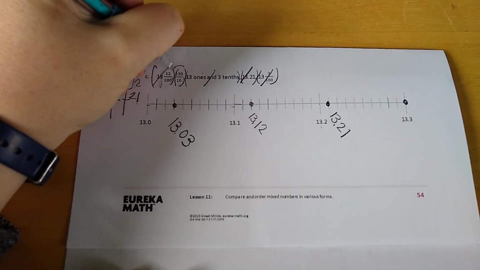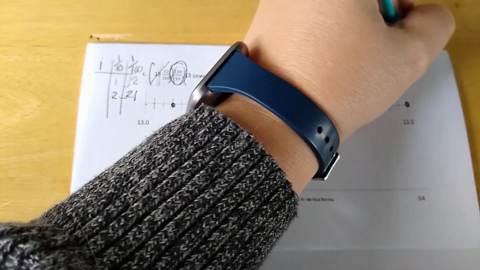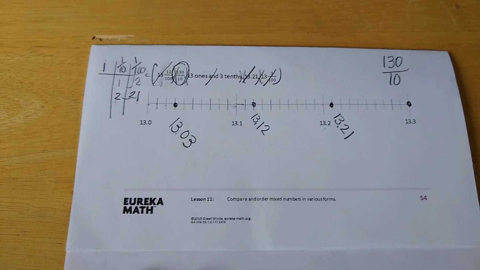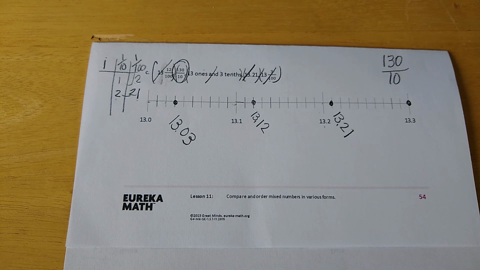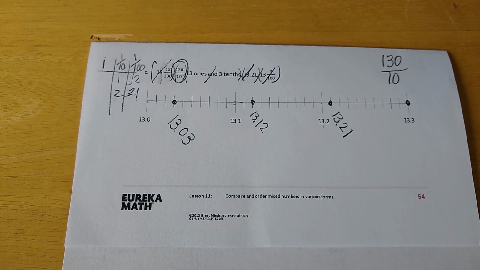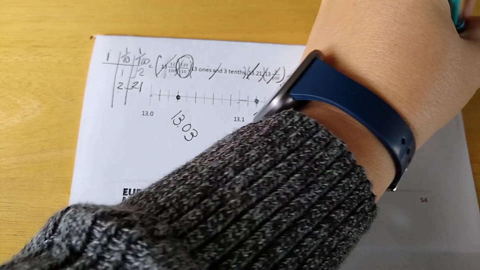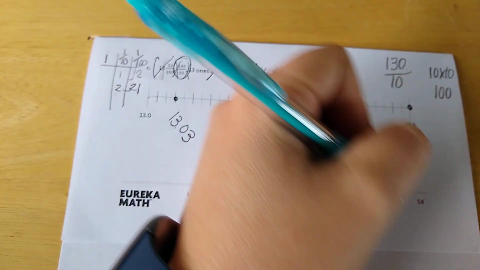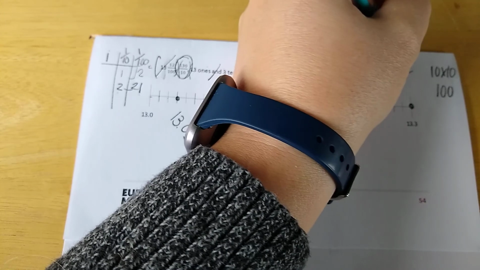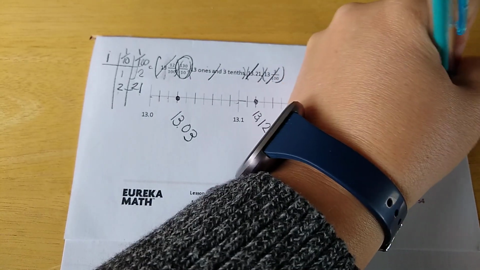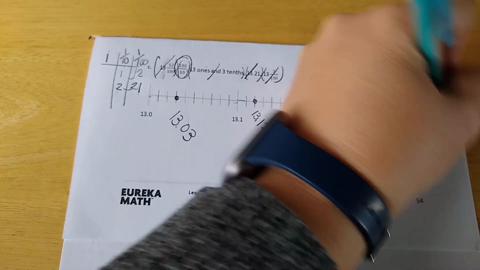Then the last one is this one I have to tackle. So I have 130 over 10. So if I have 10 tens, I have 100, right? So 10 times 10 is 100. 10 times 3 is 30.